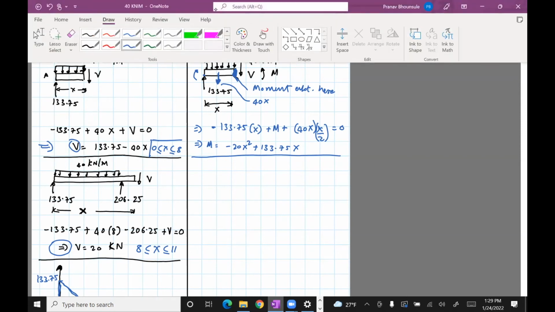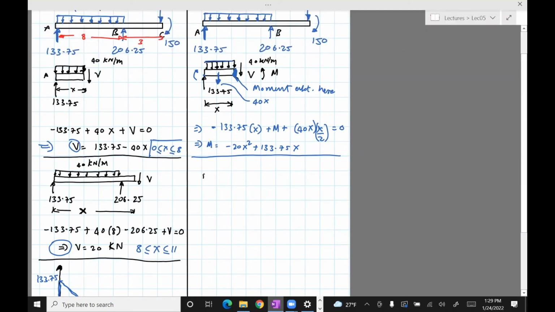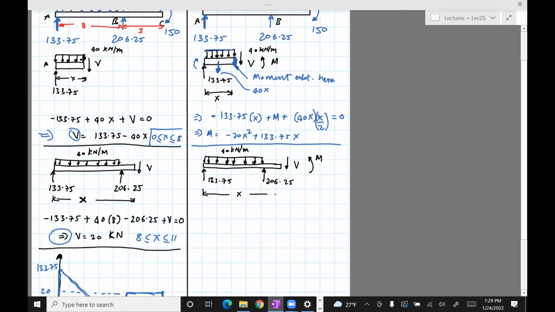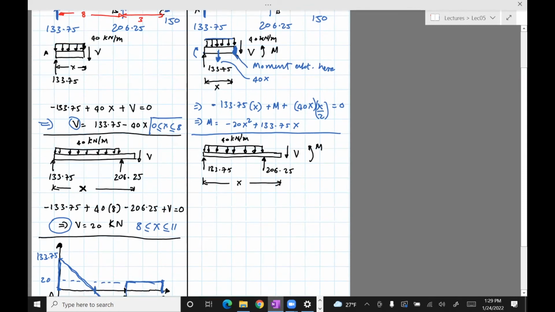Let's go from B to C. It's the same diagram as the left, except that you put a moment and analyze it.